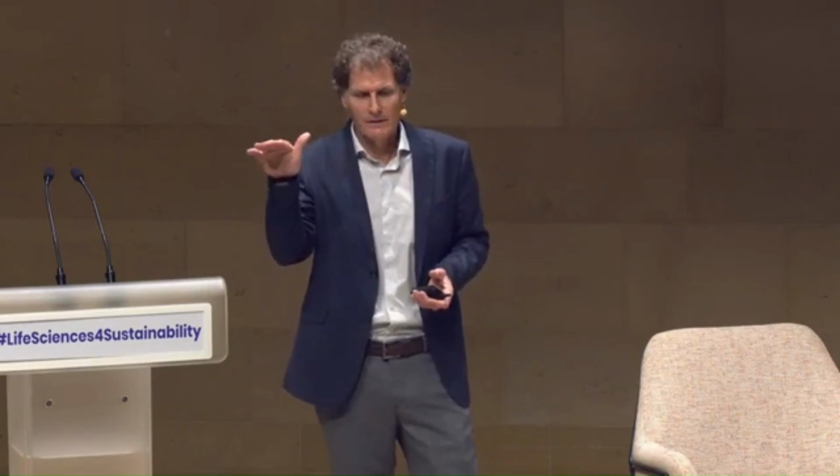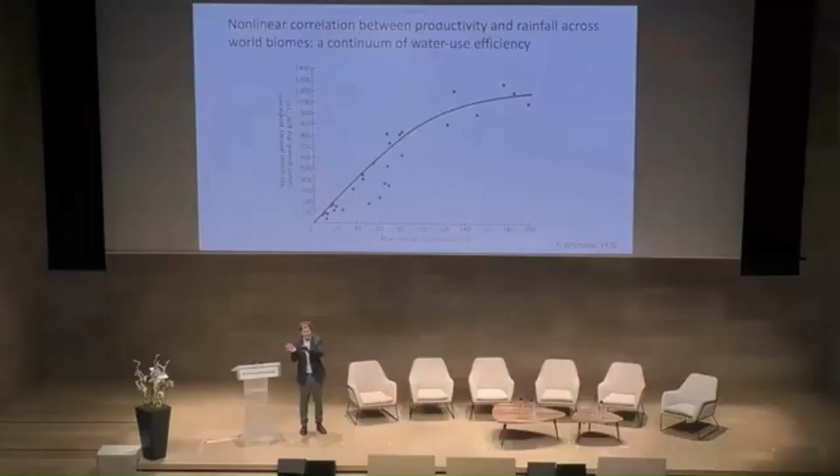If you use rainfall as a proxy for how much water is available, and you plot global productivity versus rainfall, what we see across the globe is a non-linear relationship between productivity and rainfall. Basically that means that plants have different water use efficiencies in different world biomes.